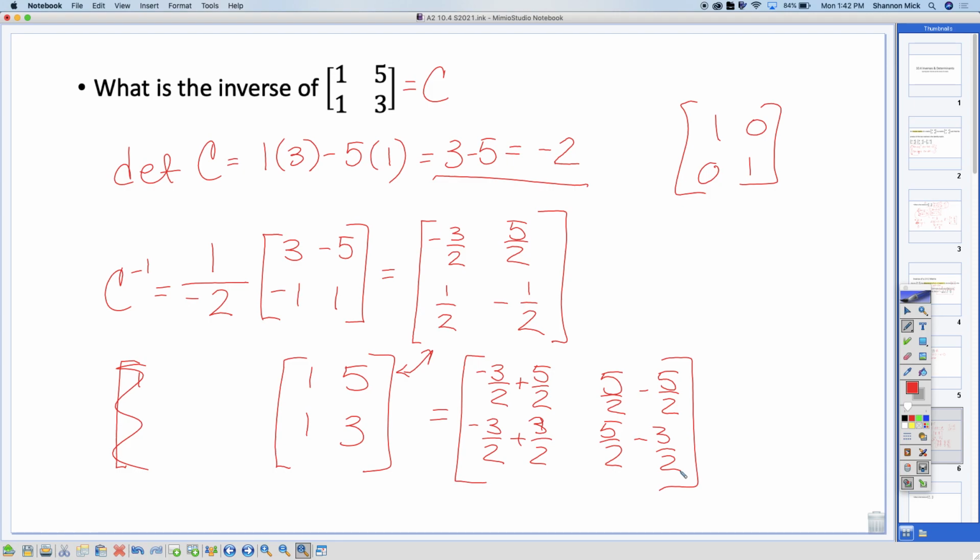So this would be 2 over 2, which is 1, and 5/2 minus 5/2 is 0. -3/2 and positive 3/2 is 0, and 2 over 2 is 1. So we did it right.